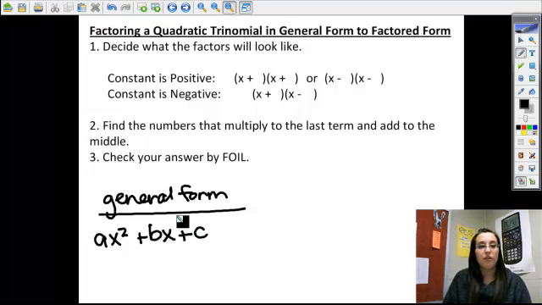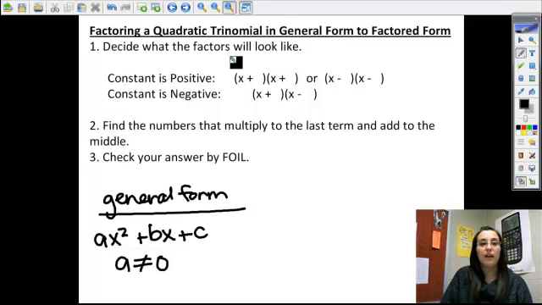If you're given something that's in this form, and remember this is when a does not equal 0, because that would just give us a linear equation since this term would be gone, we're going to work on factoring it, which means we're going to write it as a product of binomials. So we're just going to write down these steps. These will make more sense as I go through some examples.